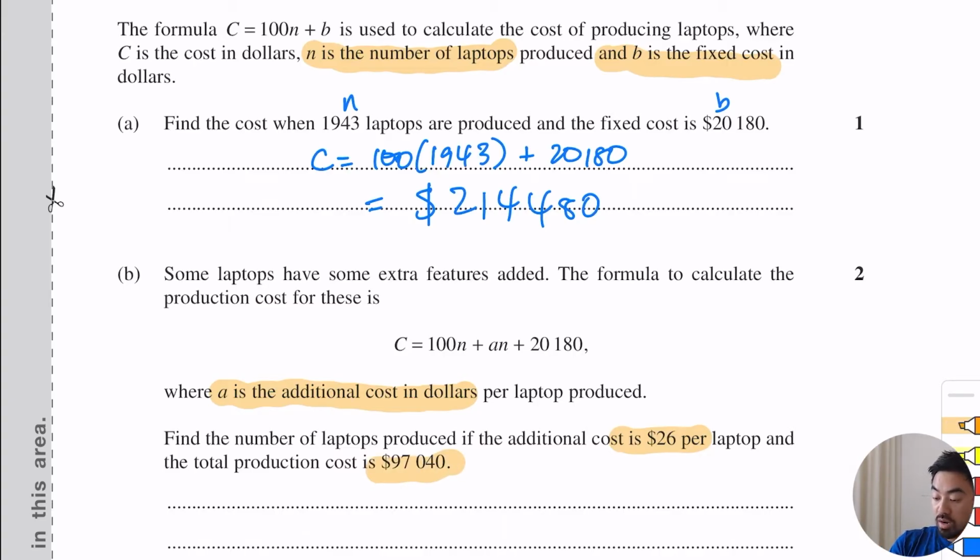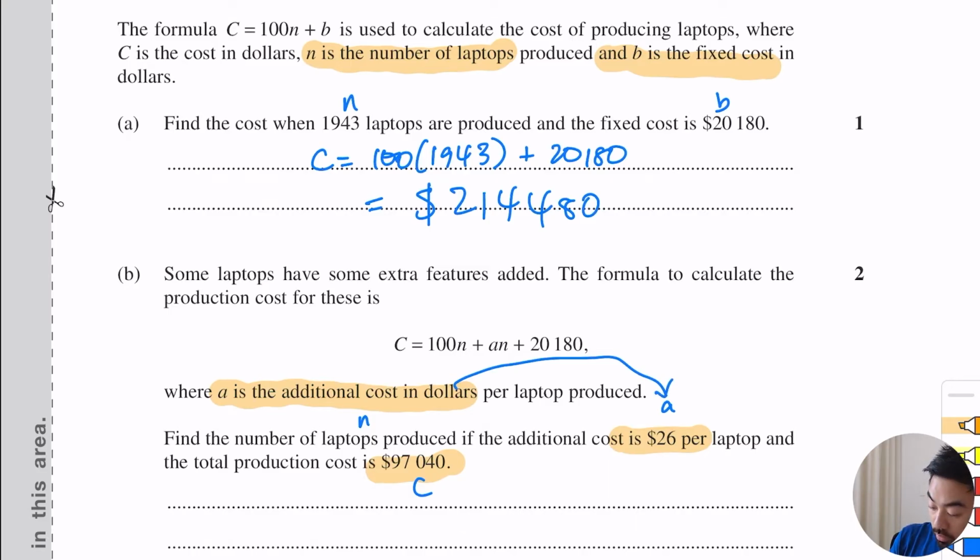Okay, so we're trying to find N here for the number of laptops produced. So I'm literally just going to substitute this in. This stands for A, as it says, A is the additional cost in dollars.